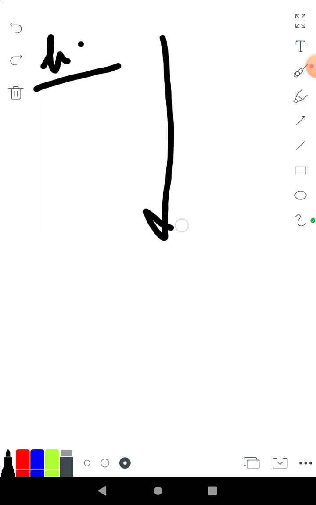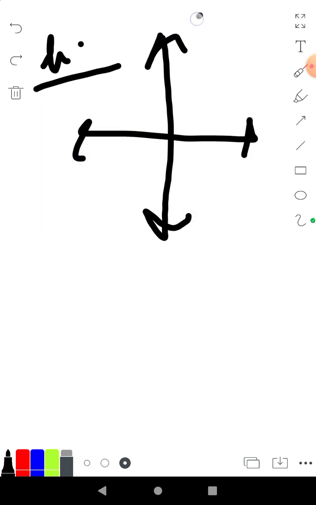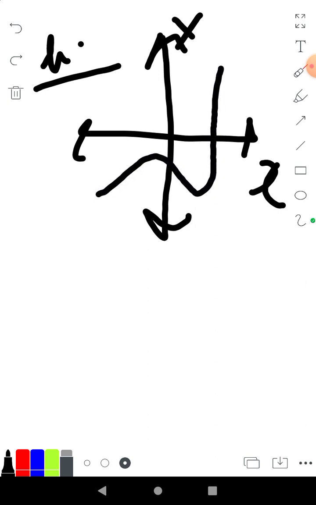Here the graph is in the form of, this is the y-axis, this is the x-axis. Now here you can see that the graph is in the form somewhat like this. Now here you can see that this graph is cutting the x-axis here.